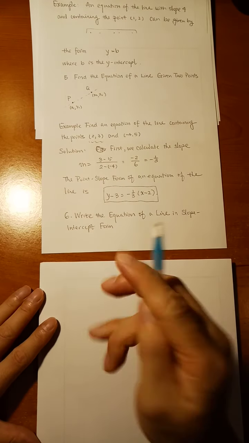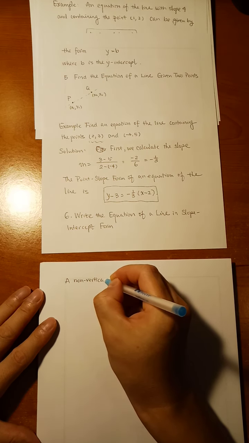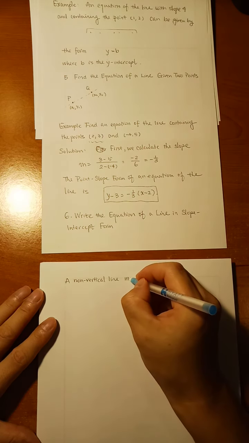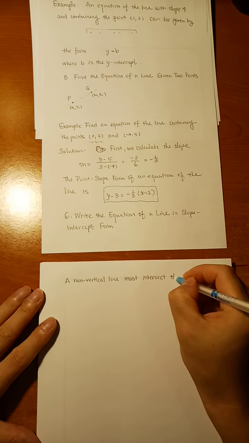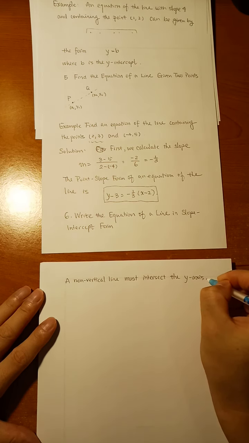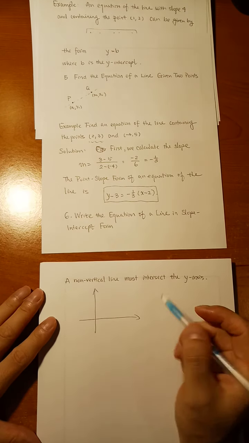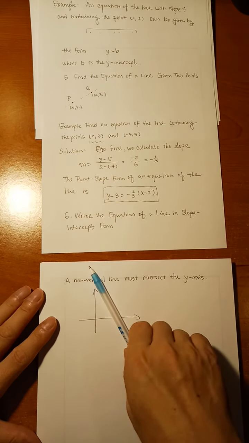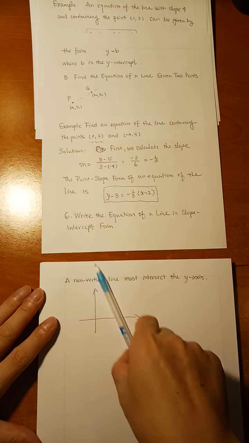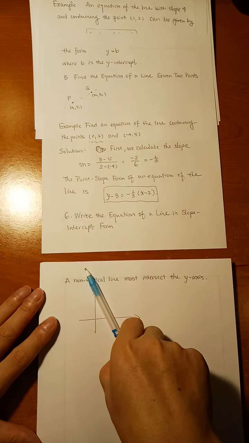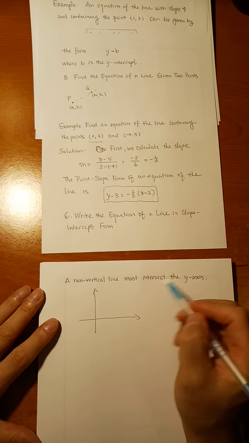If it's not vertical, a non-vertical line must intersect the y-axis, because the y-axis is vertical. If your line is not vertical, either this way, left or to the right, or horizontal, either way, it will eventually intersect the y-axis. So that's why we say a non-vertical line must intersect the y-axis.